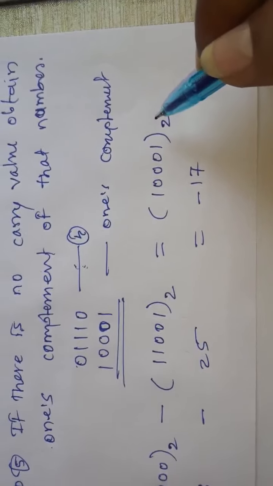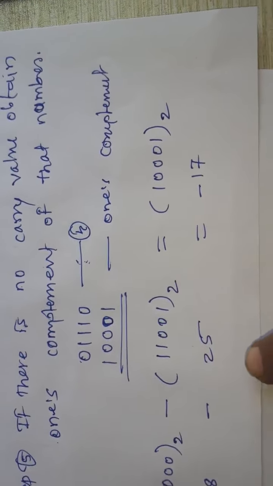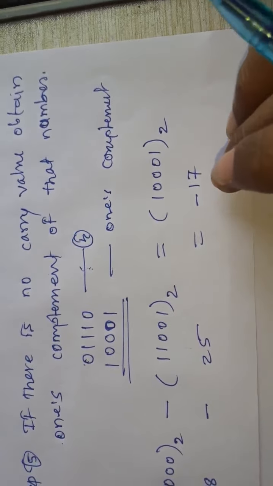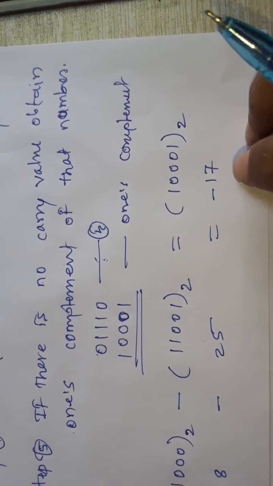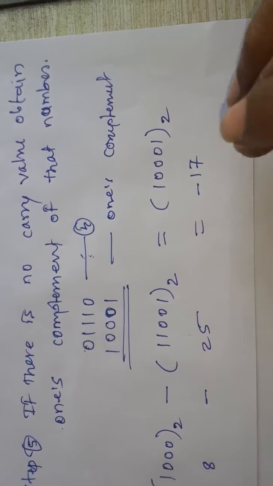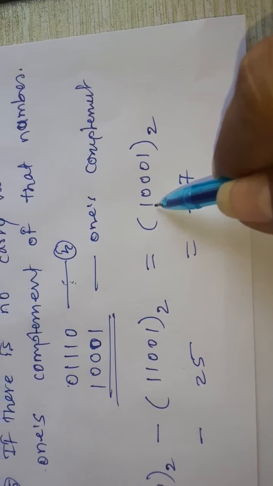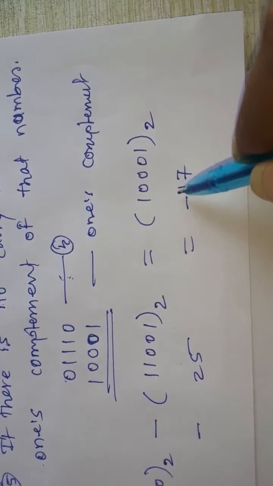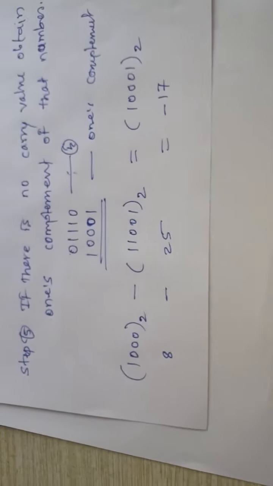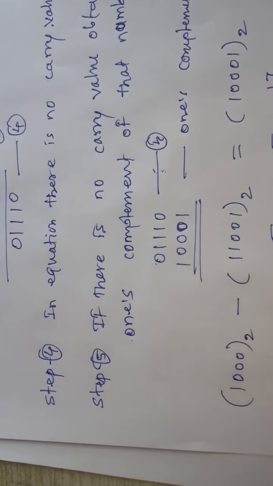When we subtract a bigger number from a smaller number in the binary number system, the result will be negative. So this is the answer. See, 1, 2, 4, 8, 16: 16 plus 1 is 17, but that is indicated with a negative sign. This is the result. In this way we can do binary subtraction using 1's complement.